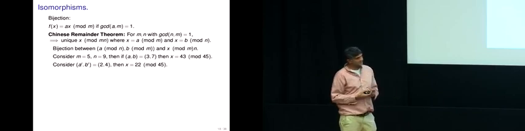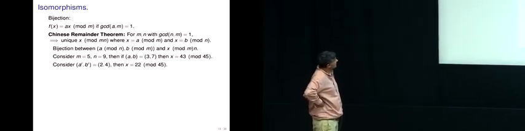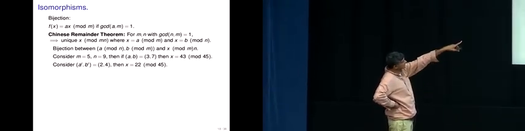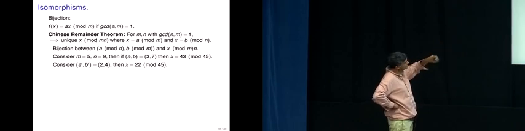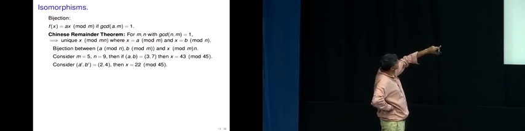Okay, so now let's think about something here. Let's say we have two things. We have this (a, b), which is (3, 7), and we have (a', b'), which is (2, 4). And we're interpreting them, the 2 and the 3, mod 5. Which one is that?